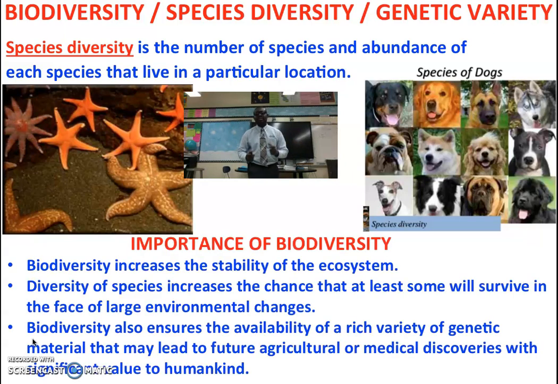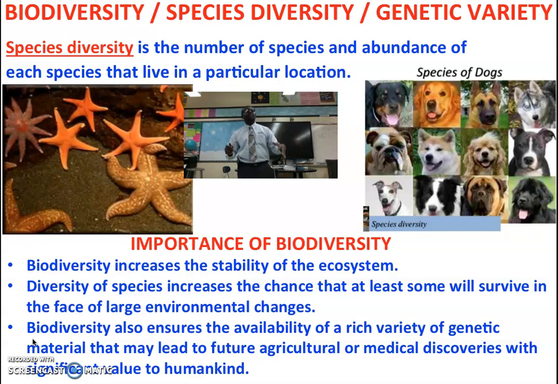The importance of biodiversity includes that it increases the stability of the ecosystem. It makes the ecosystem more stable, more reliable. Biodiversity also increases the chances that at least some species will survive in the face of large environmental changes.